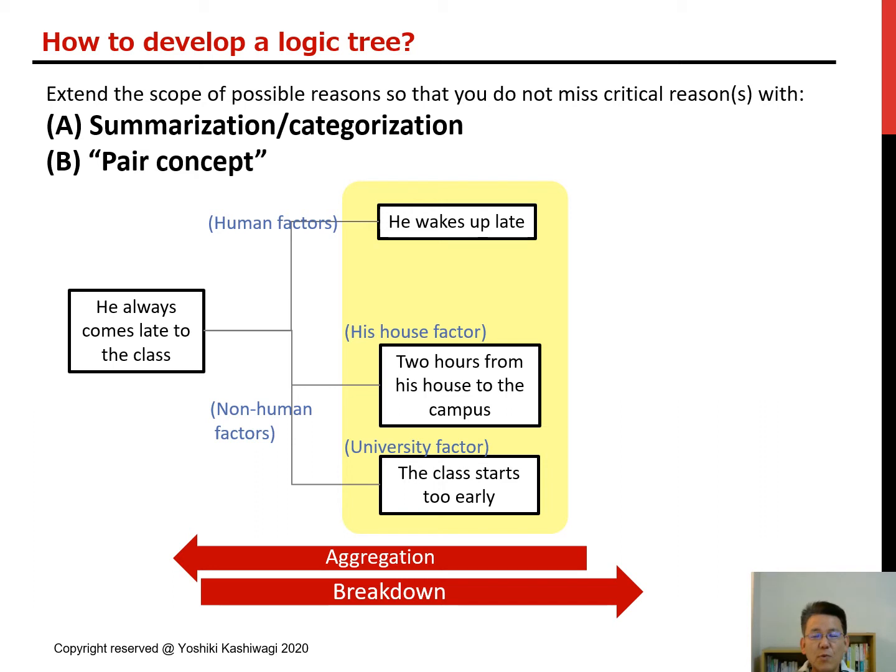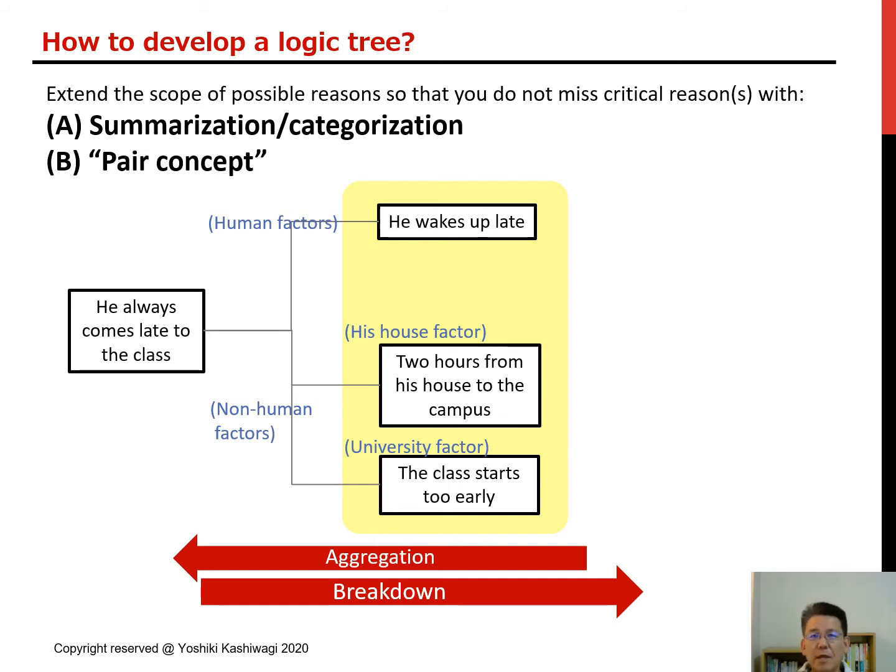So in this way, you can widen your view of the possible causes. Making a concept or making a category makes it easier for you to come up with new or additional ideas of the causes. This is one way to find new possible reasons in the logic tree.